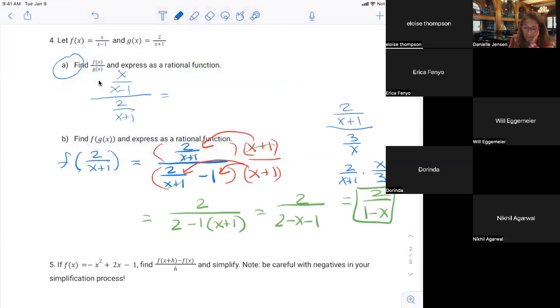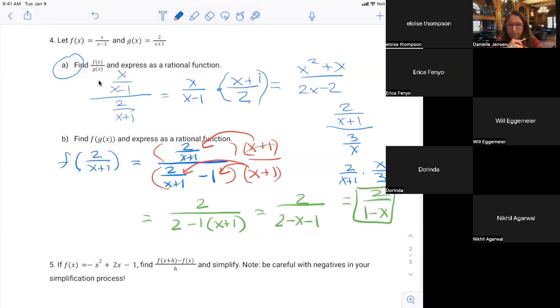So it's easy to change the division to multiplication by multiplying by the reciprocal of the denominator, and then we can just multiply across. So it's x squared plus x over 2x minus 2. It's just harder when there's not just a single fraction in the numerator and denominator.